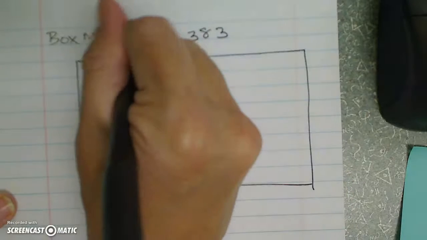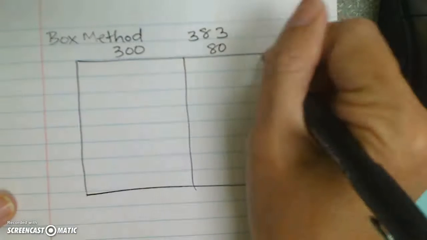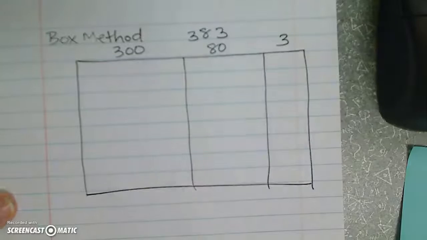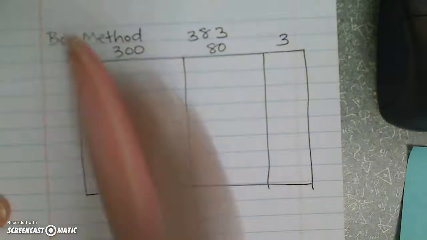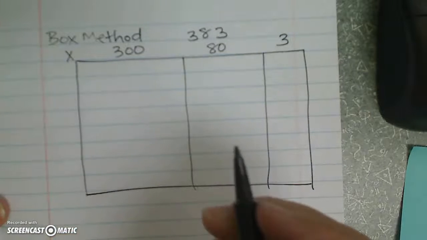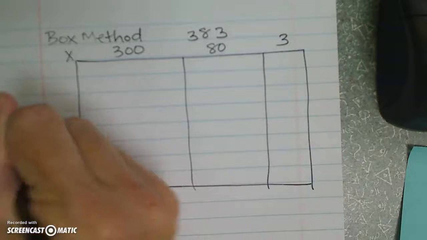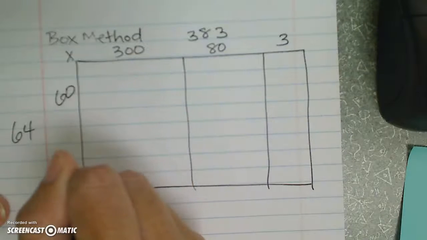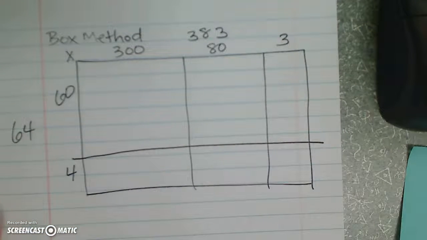This is going to be 300, 80, and then 3. Okay, and this will be times, and my number was 64, so we're going to do 60 and 4, and we're going to go across that way.